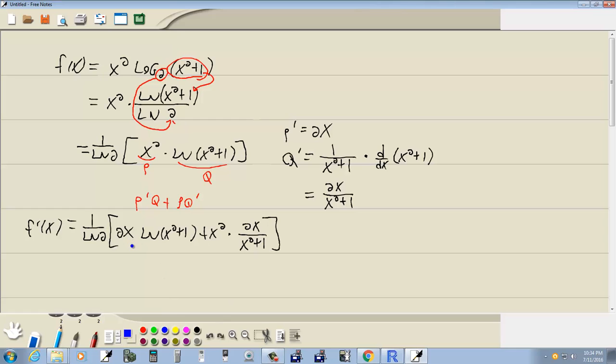Now notice they both have a 2x in common, so I can factor that out. So we'll have 2x over natural log of 2, and then we'll have natural log of x squared plus 1 plus x squared over x squared plus 1.